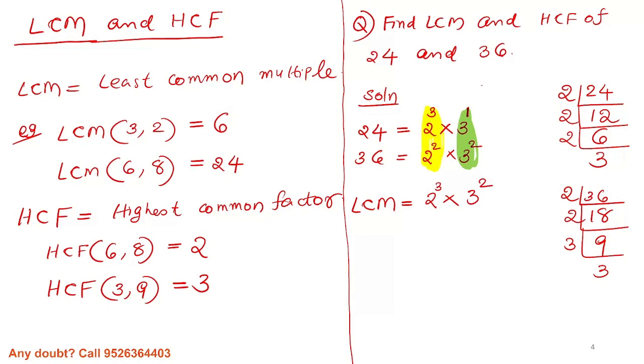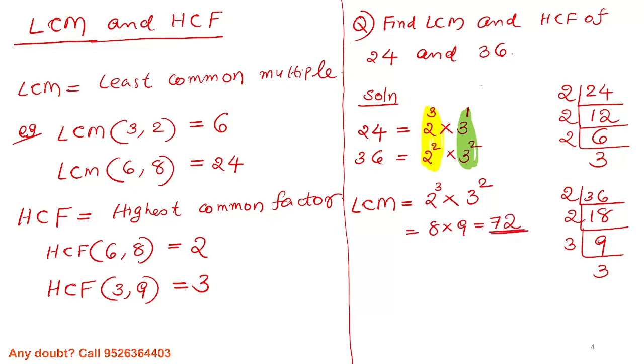So you just select the greatest one. Understood? Vertically the base must be matching. It's very, very important. After that select the greatest number among these. So 8 into 9, 72. 72 is the LCM.